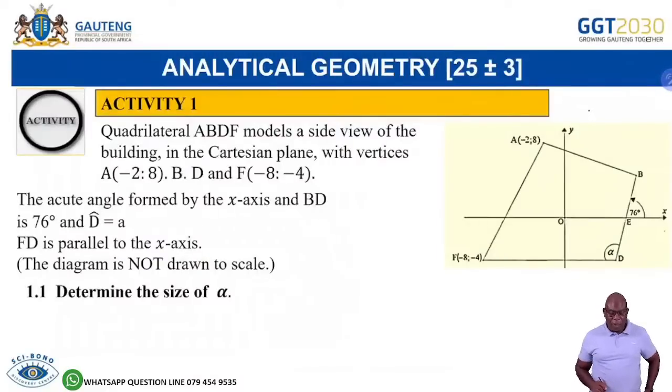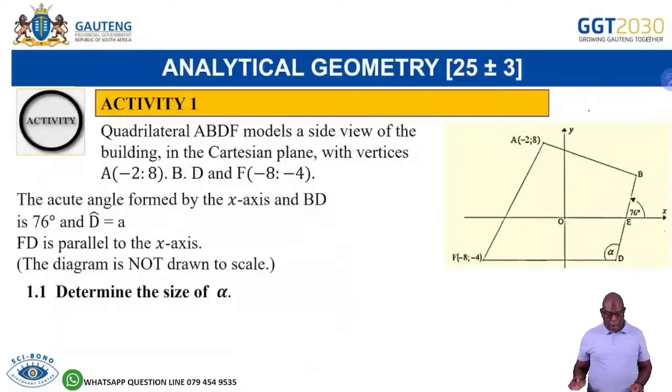Now let's get to activities. I'm not going to do a lot of activities, so I want you to pay attention to these activities that I'm going to do, because they are only a guide of what you're going to have on that paper on Monday. Now, activity 1 is on analytical geometry.